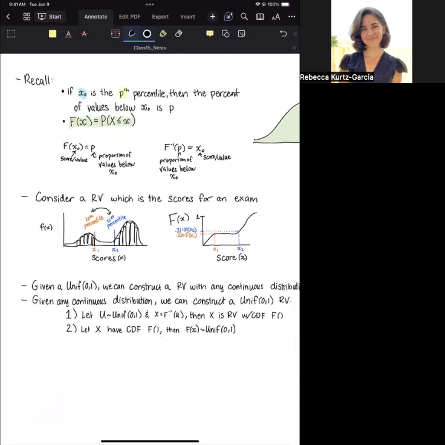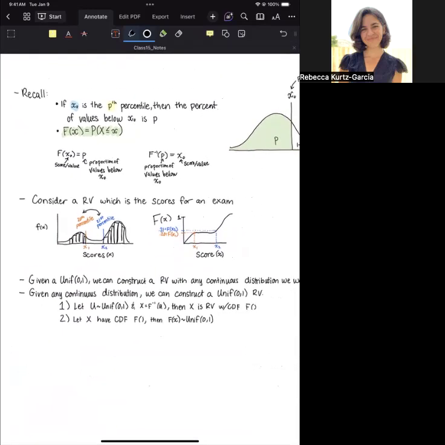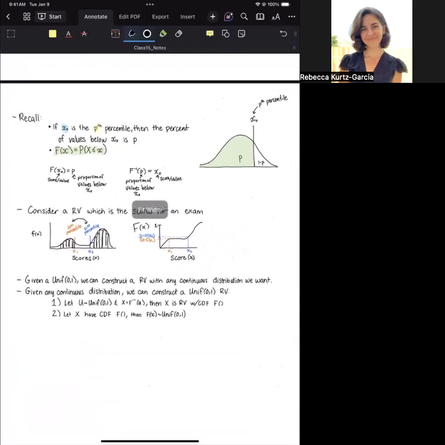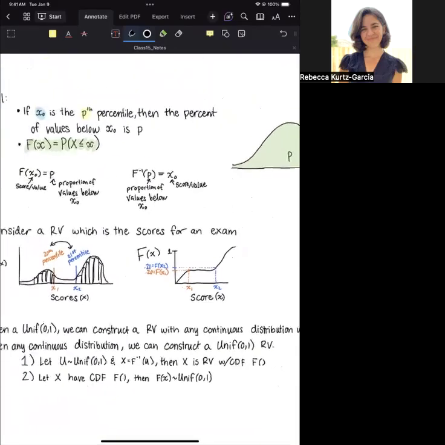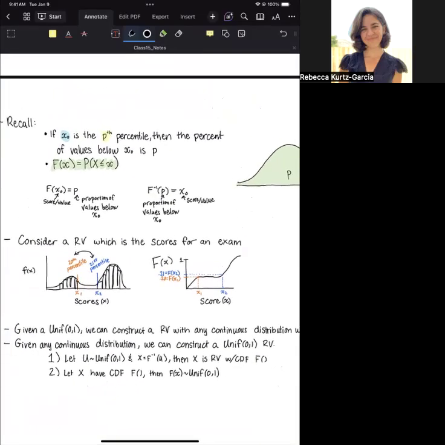Because of this particular property, given a uniform random variable between 0 and 1, we can construct a random variable with any continuous distribution that we want, which is a little wild to think about, as you can start from uniform random variables and move to a new distribution, just marking out this way and trying to find x1 and x2.